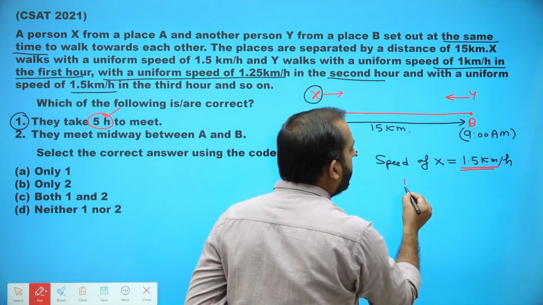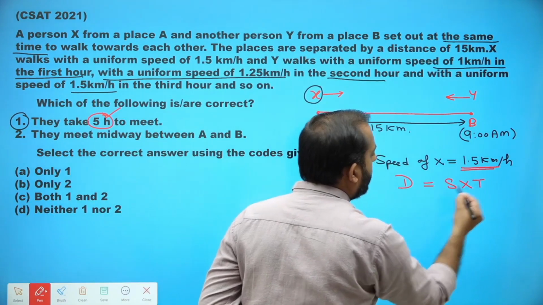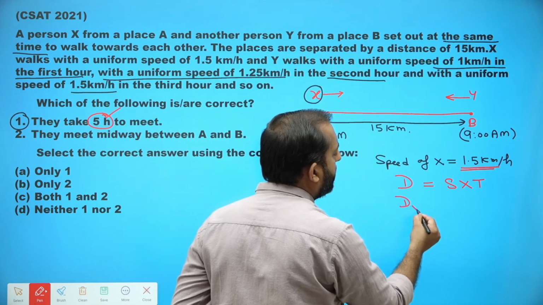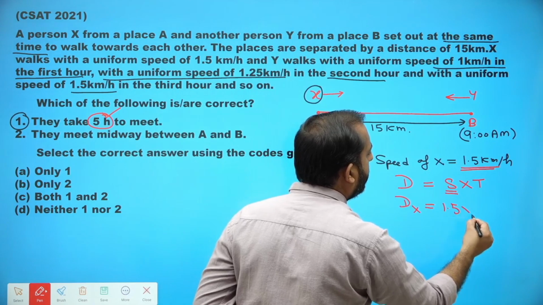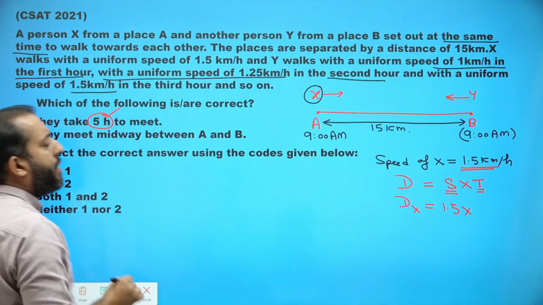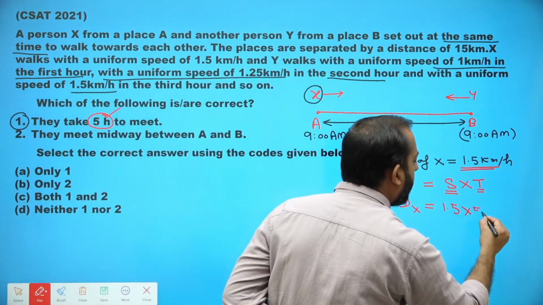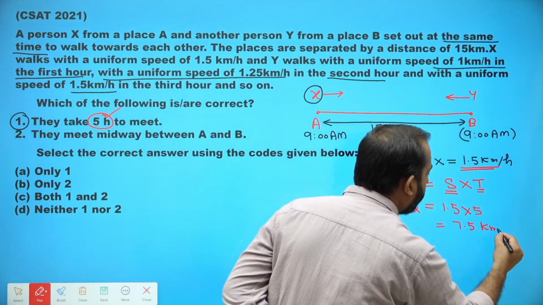We know that distance is given by speed into time. So to find the distance covered by X, we must write down the speed of X into the time taken by X. As per statement 1, the time taken by X is 5 hours. And it comes out to be equal to 7.5 kilometers.